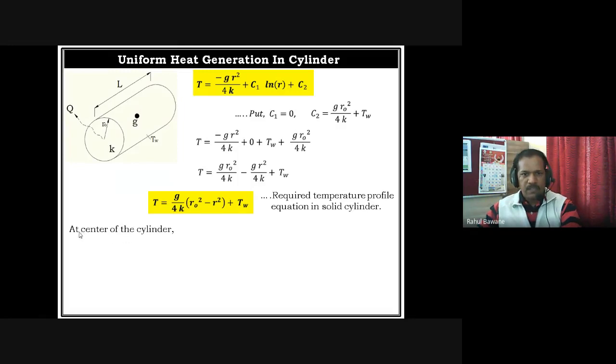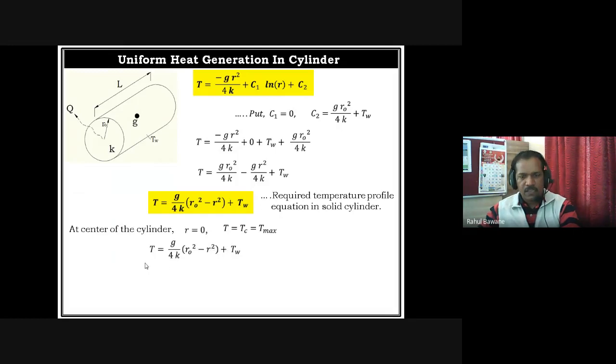Now applying the center condition for this cylinder, where r is 0. If I put the value of r as 0, we get T center, which obviously will be T max. So T equals g upon 4k rho square minus r square plus T wall.